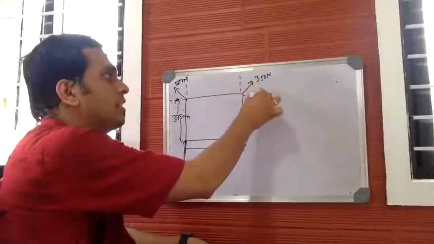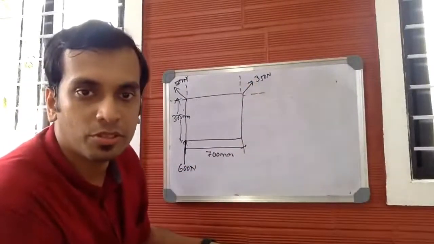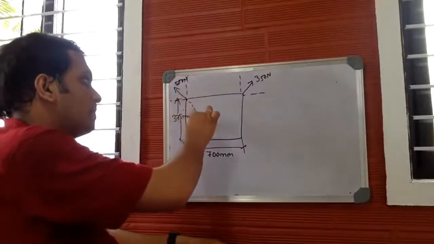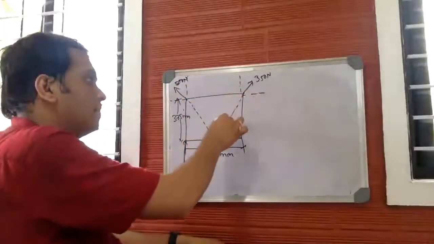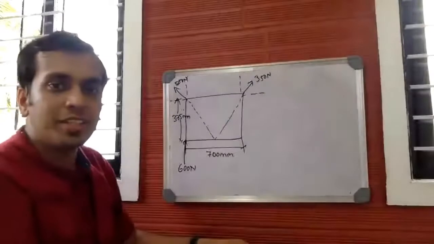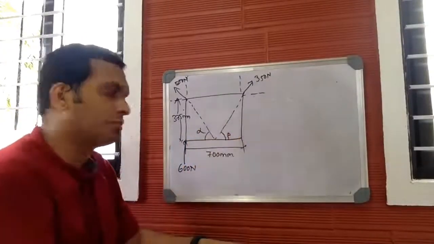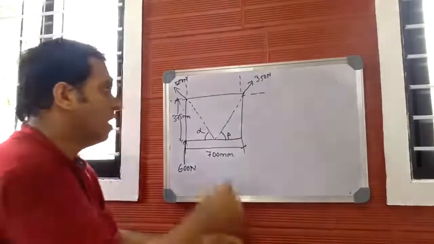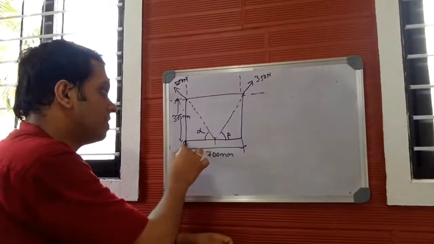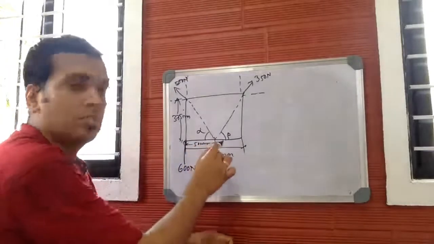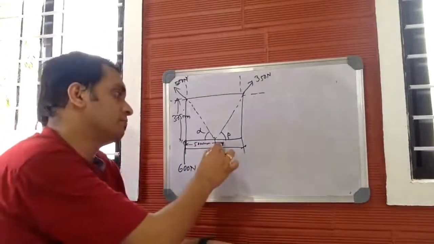So totally there are 3 forces. Now, let me finish the question. It's given in this way. This angle is given as alpha and this angle is given as beta in the question. And the division is given as this is 500 mm and this is 200.